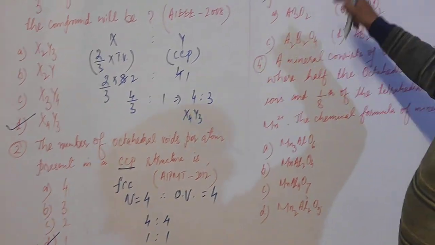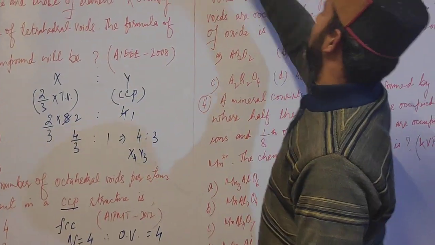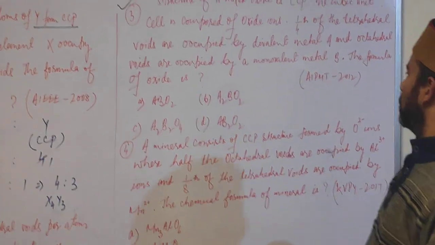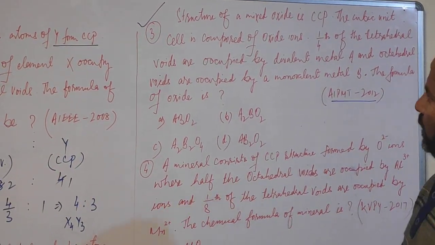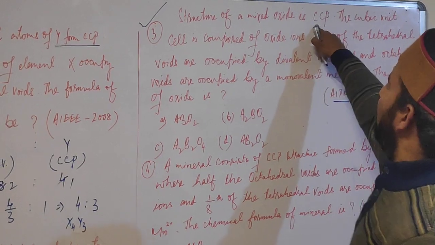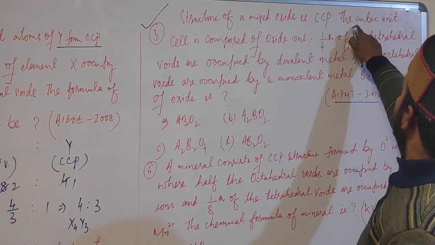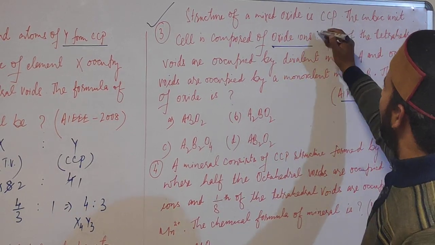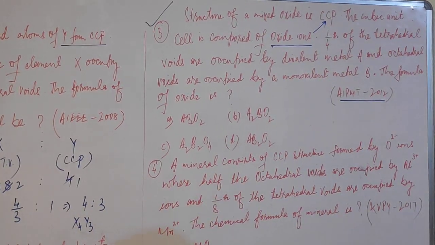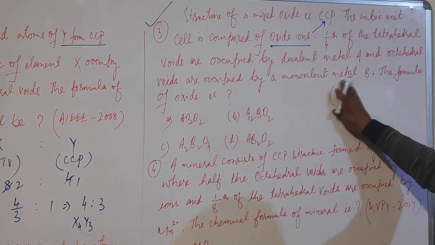Now the next question is a very good question. This question was again asked in AIPMT 2012 exam. Now, structure of a mixed oxide is CCP. The cubic unit cell is composed of oxide ions, which means oxide ions adopt CCP lattice.